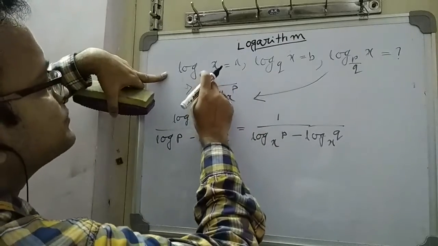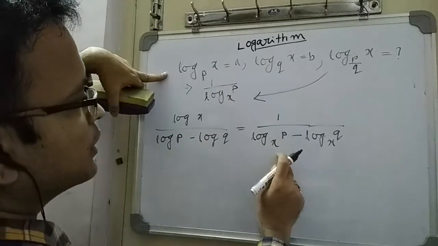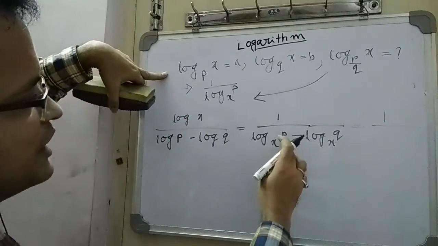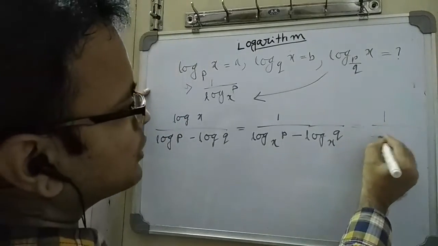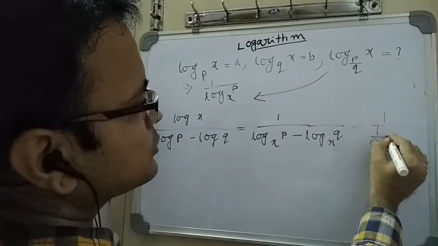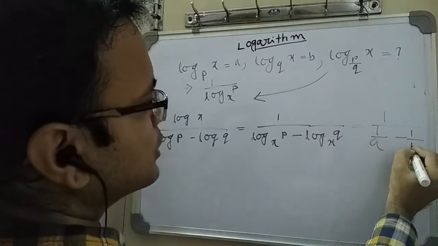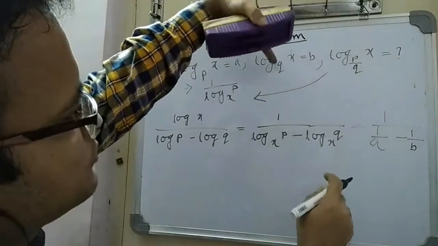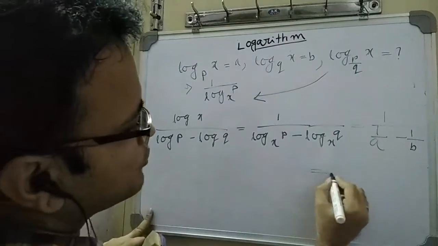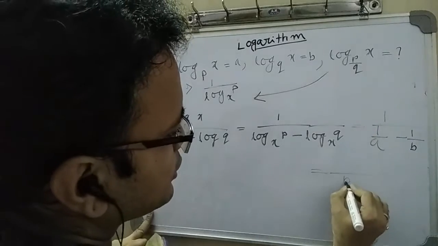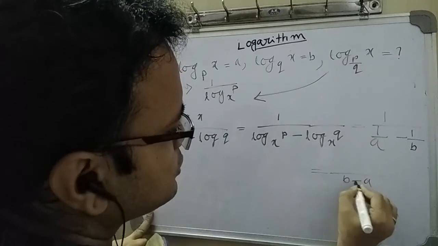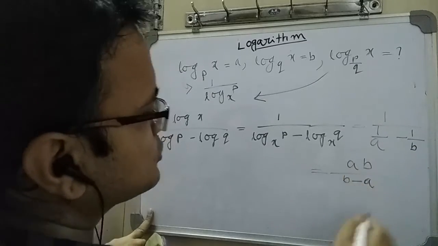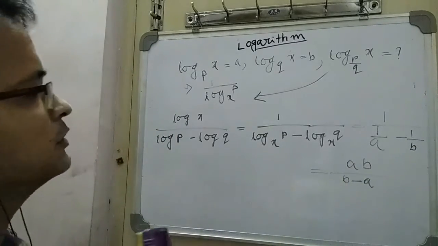So actually log p base x equal to what? 1 by log x base p, means 1 by a. And this is 1 by b. Log q base x equal to 1 by log x base q. So if you just simplify, b minus a, here ab is coming up, so this is the value ab by b minus a.